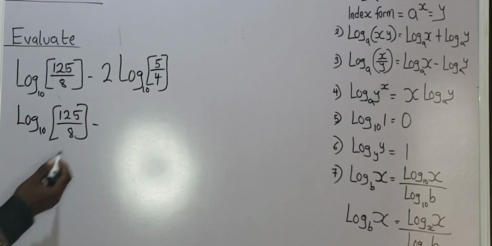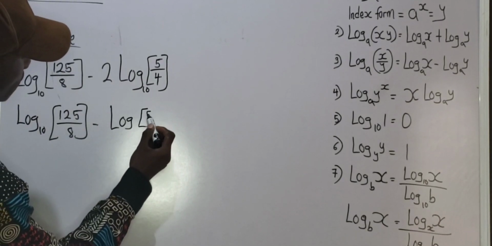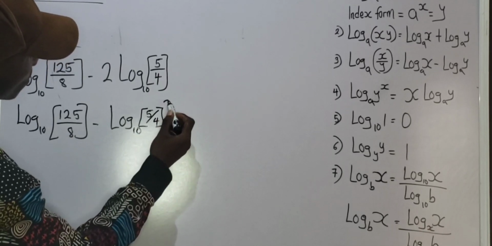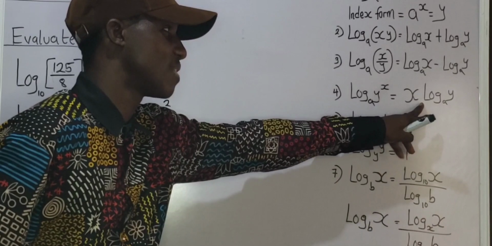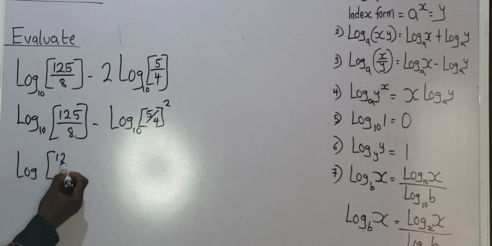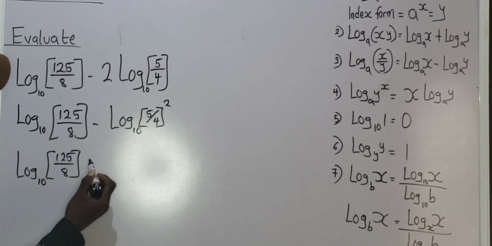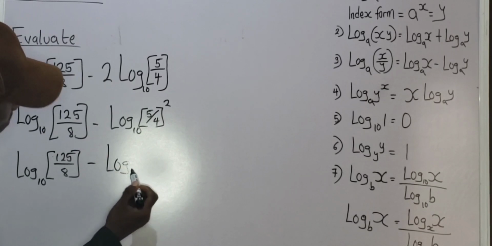So in that case, I'm going to have log 5 over 4 base 10 raised to the power of 2. It's just like I reversed what I have here. So let us proceed. For this, I'm going to have log 125 over 8 base 10 minus log, let me just put the base.